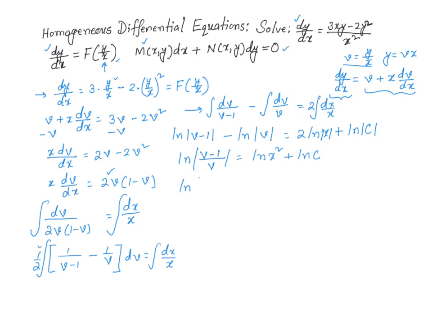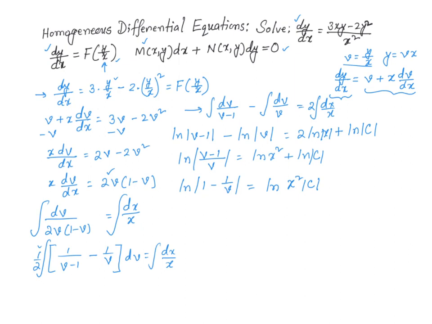I could simplify it even further. ln of the absolute value of 1 minus 1 over v is equal to ln of x squared times the absolute value of c.